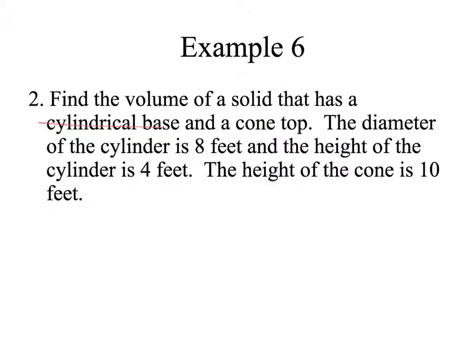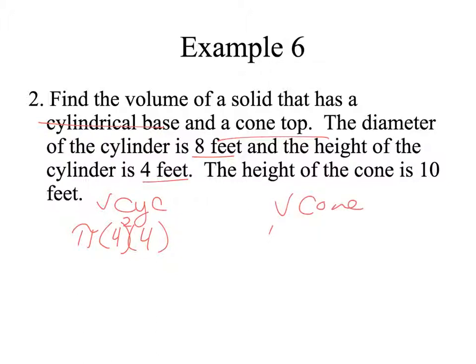So again, cylindrical base, cone top. Diameter is 8 feet, height of the cylinder is 4 again, so volume of my cylinder is going to be pi times 4 squared times 4. Volume of my cone is going to be 1/3 pi times 4 squared times my height of 10.